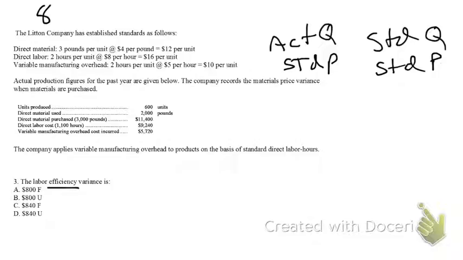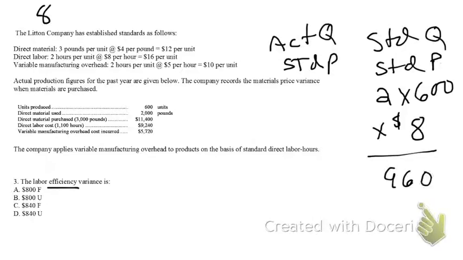And for the standard quantity, it should take 2 hours per unit, and we produced 600 units. So my standard quantity is 1,200 hours. My rate is $8 an hour, so I have 1,200 times 8, which is 9,600.